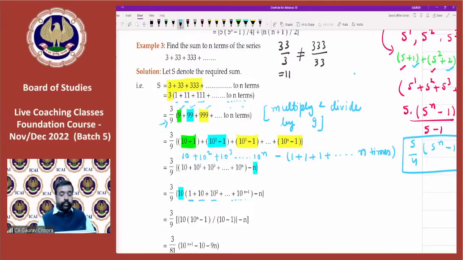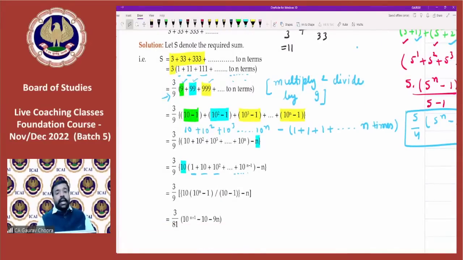Then, what is the next step? Apply the formula of GP, because this series is now GP. 1, 10, 100, 1000, and so on. So what is the common ratio? Common ratio will be 10. So let us apply the formula. So a times r to the power of n minus 1 divided by r minus 1. So this is the formula we have applied.